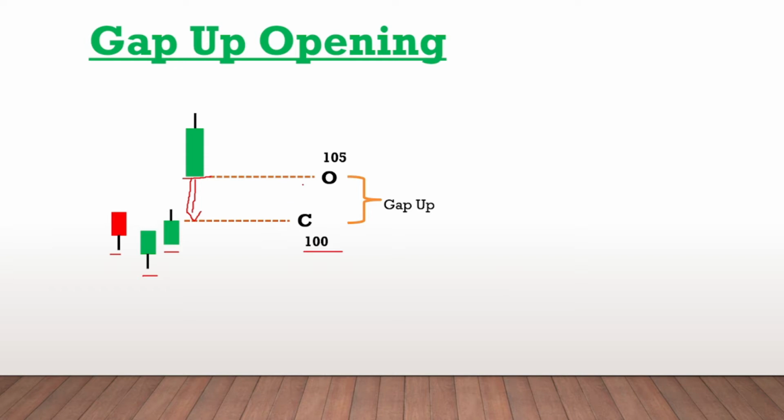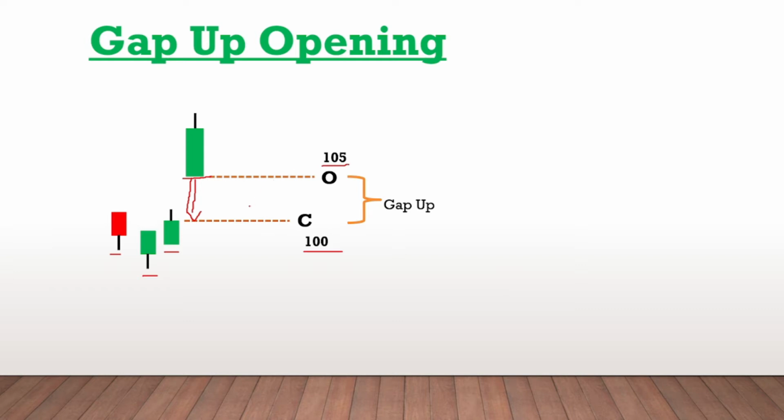Some good news in the market, or good news about the sector, industry or any specific stock, can lead to a gap up. Here the previous day's close is 100 and today's opening price is 105.